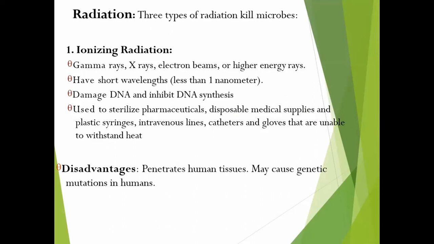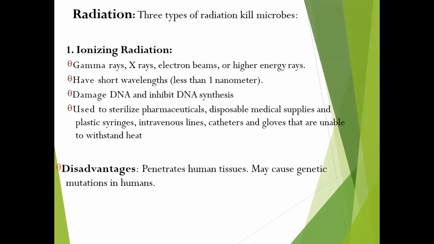They are used to sterilize pharmaceutical or disposable medical supplies, plastic syringes, intravenous lines, catheters, and gloves that are unable to withstand heat. The disadvantage is that they penetrate human tissue and may cause genetic mutation in humans.